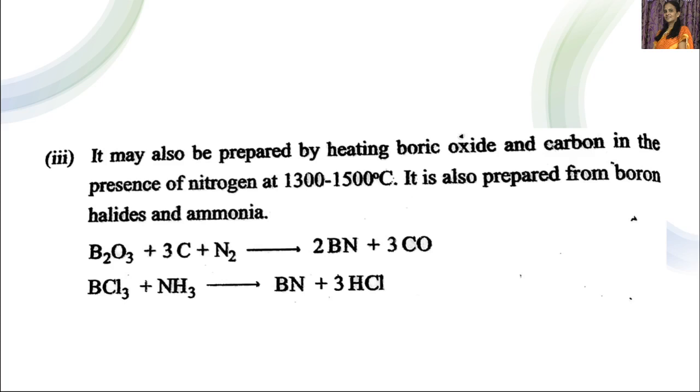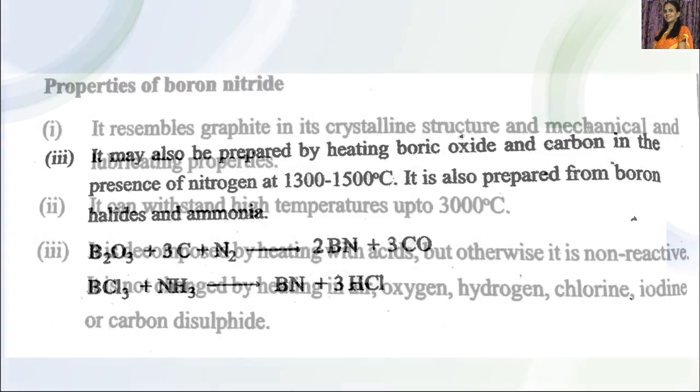Boron oxide, B2O3, when reduced with carbon in a stream of nitrogen, gives boron nitride. The other preparation is from BCl3, that is a halide of boron, and ammonia, giving boron nitride. These are the three different preparations of boron nitride.